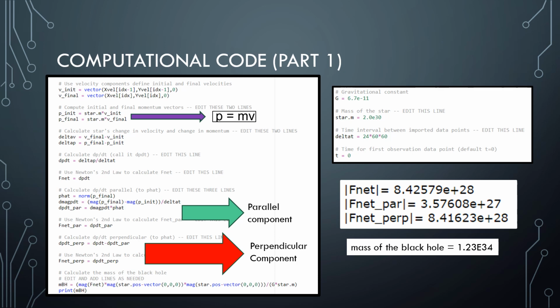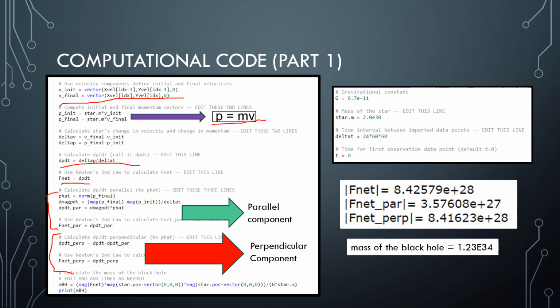So for this, now I have the computational code. To begin, I have the initial and final velocities, and then I use the momentum principle to get the initial momentum and the final momentum, and then I calculated dp/dt, found the net force, and then this section is the parallel components, and this section is the perpendicular components.